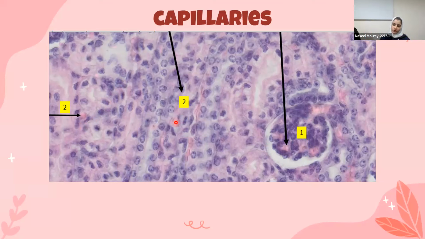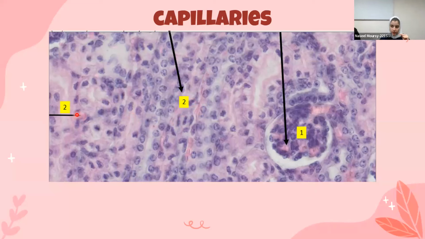But what's the difference? Looking at the organization of them, what's the difference? No, they're both peritubular capillaries because you see the red blood cells in them.